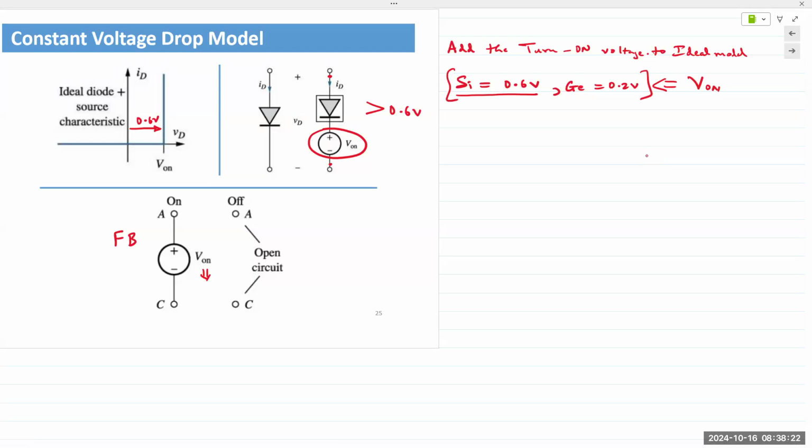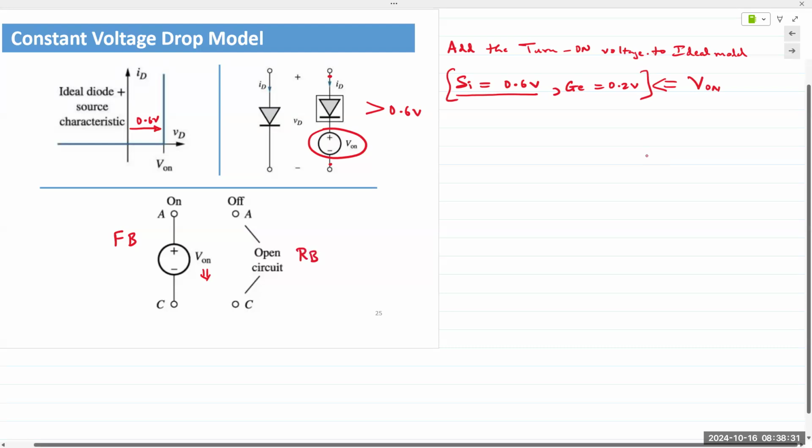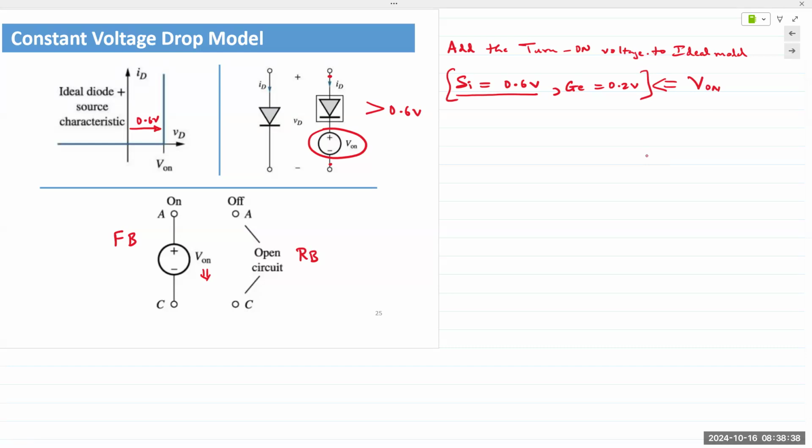And then in reverse bias, of course, it is the same as an open circuit. So this is reverse bias. That makes sense?